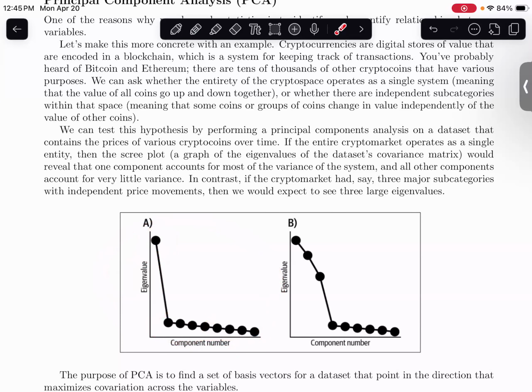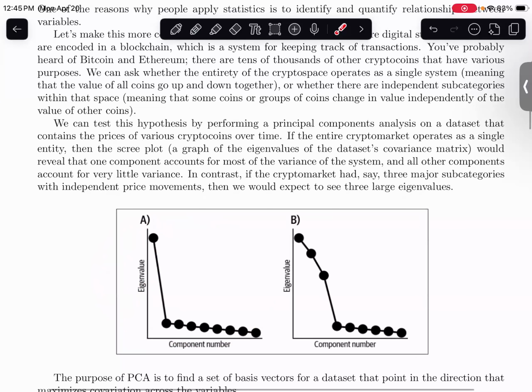In understanding just this eigenvector corresponding to this eigenvalue, you would have a good understanding of what's going on with the data. So for all crypto markets in this picture, it would suggest there's only a single component you have to understand to follow the movement of every crypto market, which definitely isn't going to be the case.